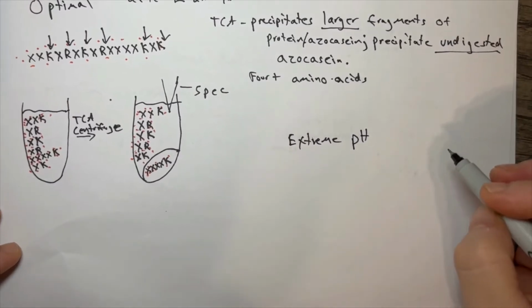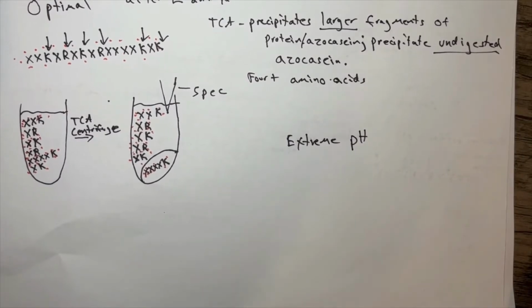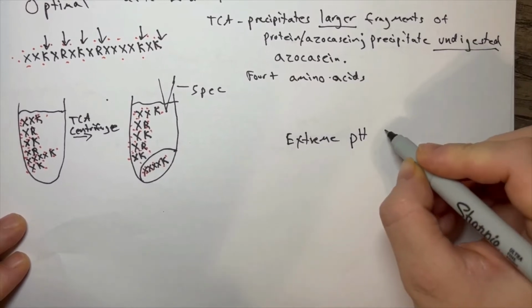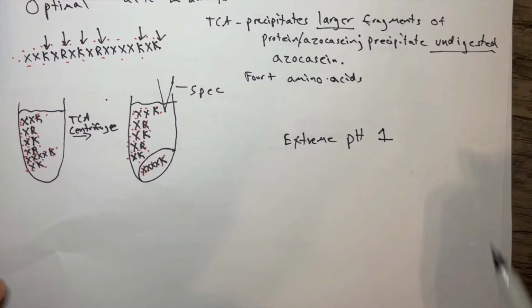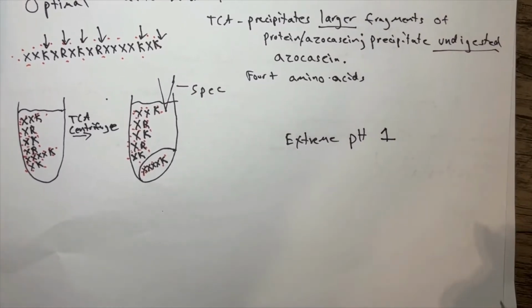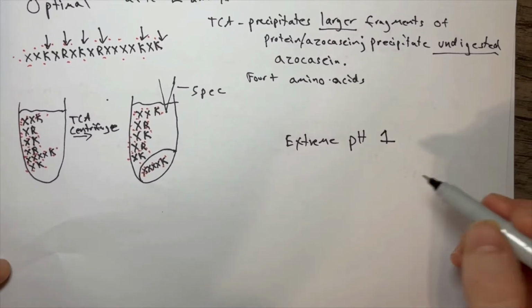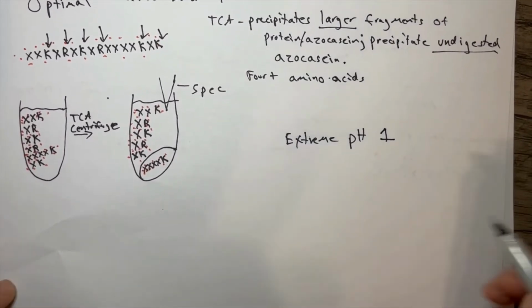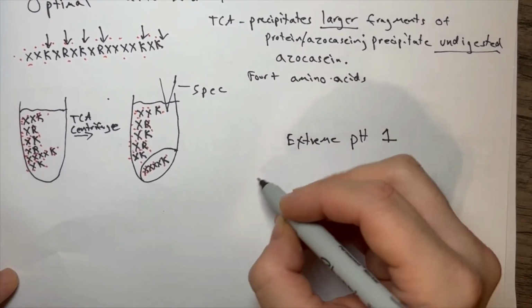We know that trypsin, human trypsin at least, functions great at around pH 8 in the small intestines. Let's say we choose an extreme pH of 1, okay? It's completely different than where we know it functions normally. Not that 8 is the most optimal, it could be, but that's just where we find it. Let's say we choose an extreme pH of 1.